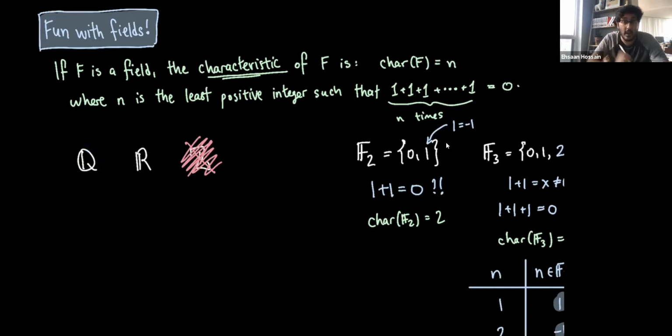No matter how many times you add up 1, you'll never get 0 in Q, right? So you could say the characteristic is infinity because there's no number of times, but what people say is the characteristic is 0. So actually both of these fields have characteristic 0. These are both fields of characteristic 0.